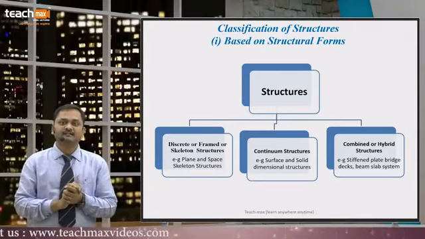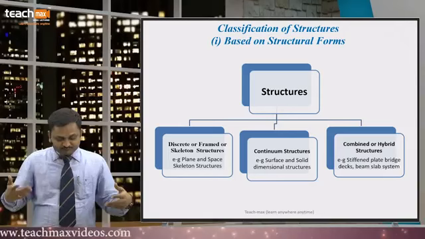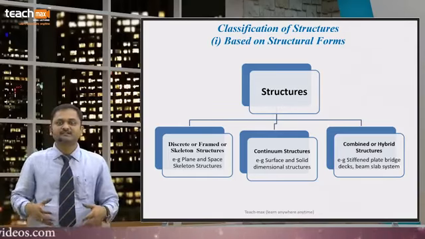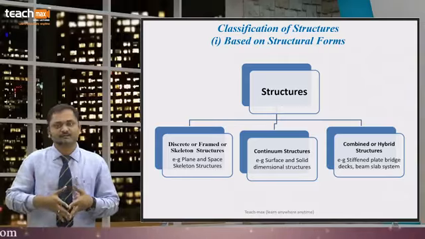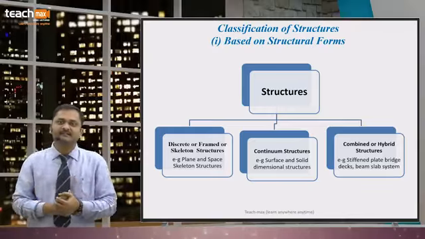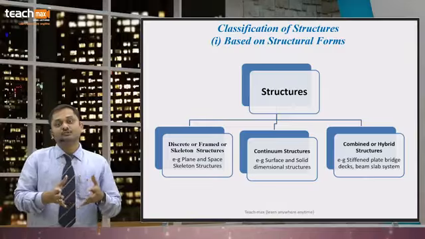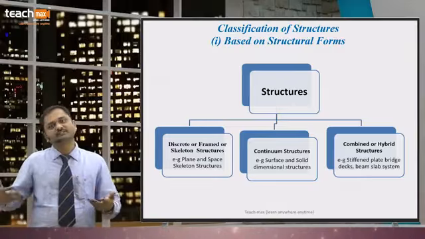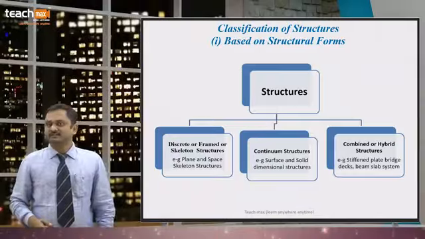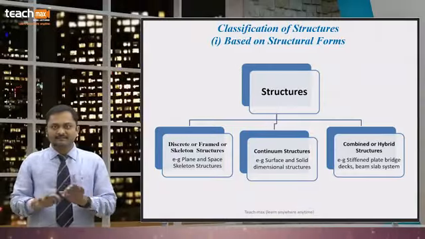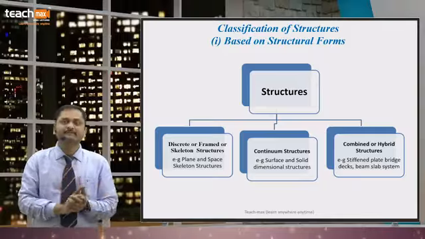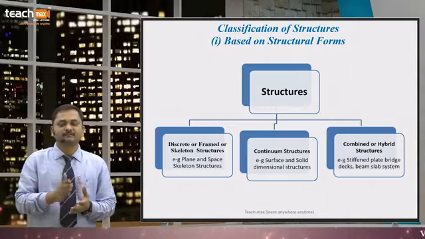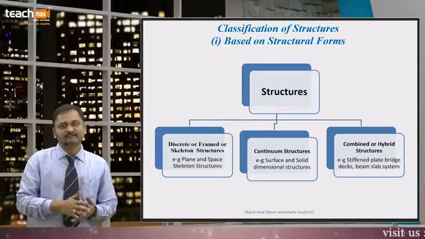If you remove the non-structural elements from the structure, there are two types of elements in the structure. One is structural elements and the second is non-structural. Those that carry the load, we say are structural elements, and those that do not carry the load, we say are non-structural elements. If you idealize or discretize the structure into only load carrying members, we can say it is discretization.